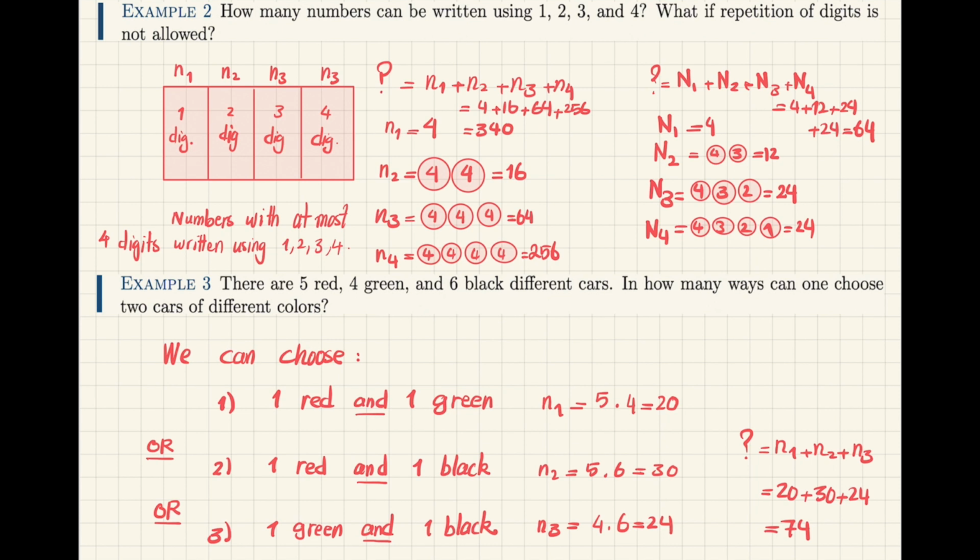And now I want to draw your attention to these connectives. Usually "and" signifies a product and "or" signifies a sum. This is more or less always the case. So if I read it this way, I can choose a red car and a green car, or I can choose a red car and a black car, or I can choose a green car and a black car.